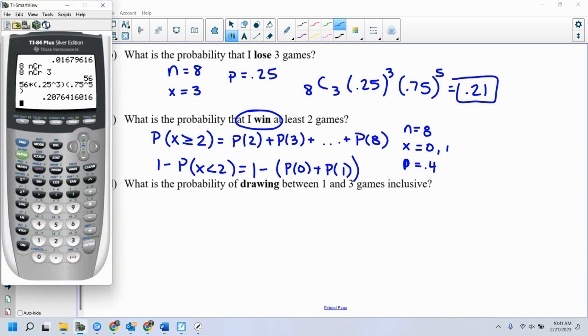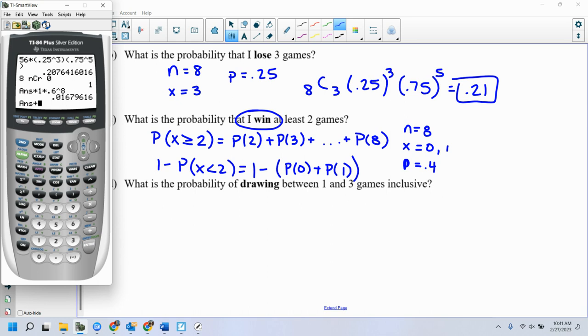All right, so probability of 0 is 8C0, which is just 1, times 0.4 to the 0, which is 1, times 0.6 to the 8.